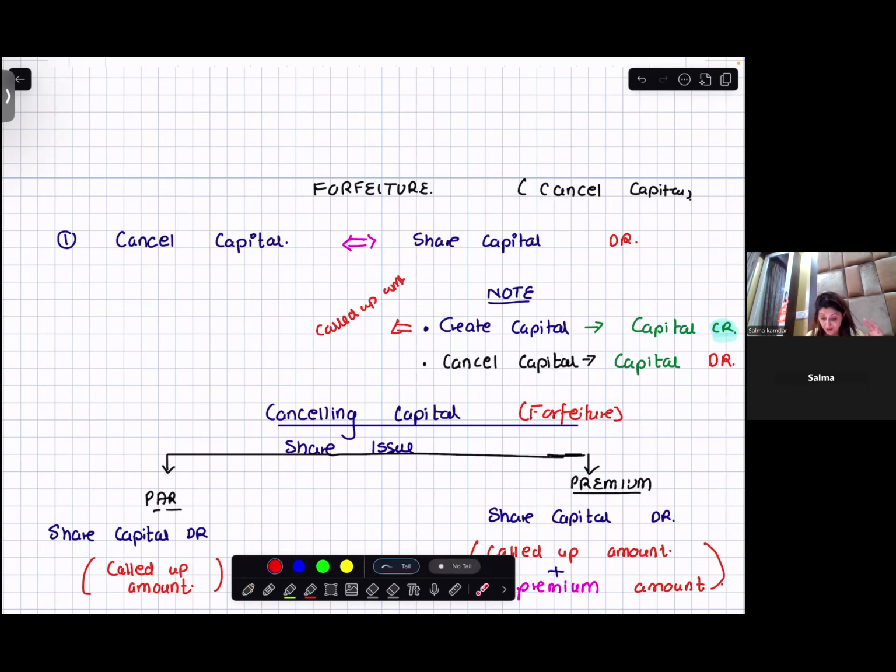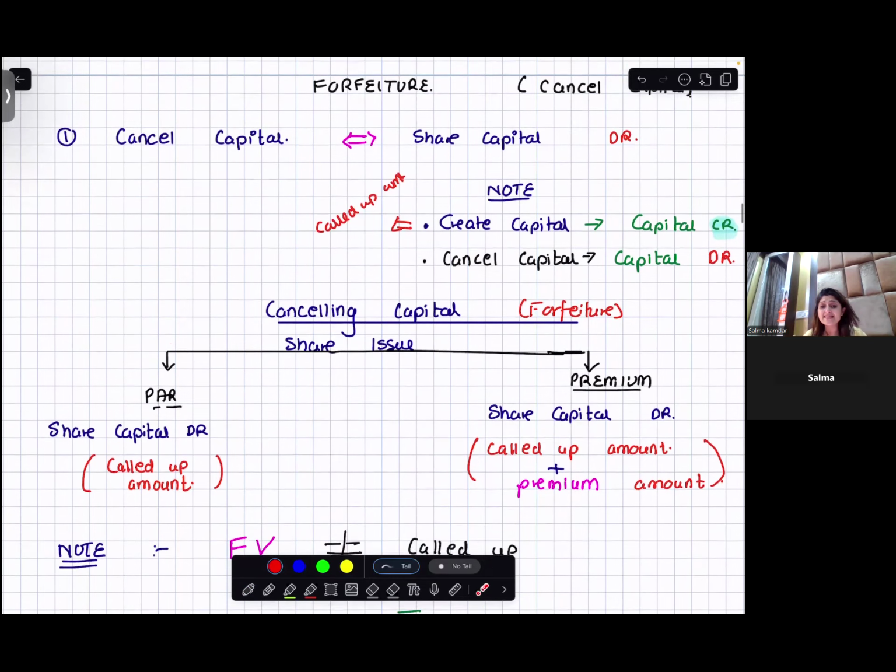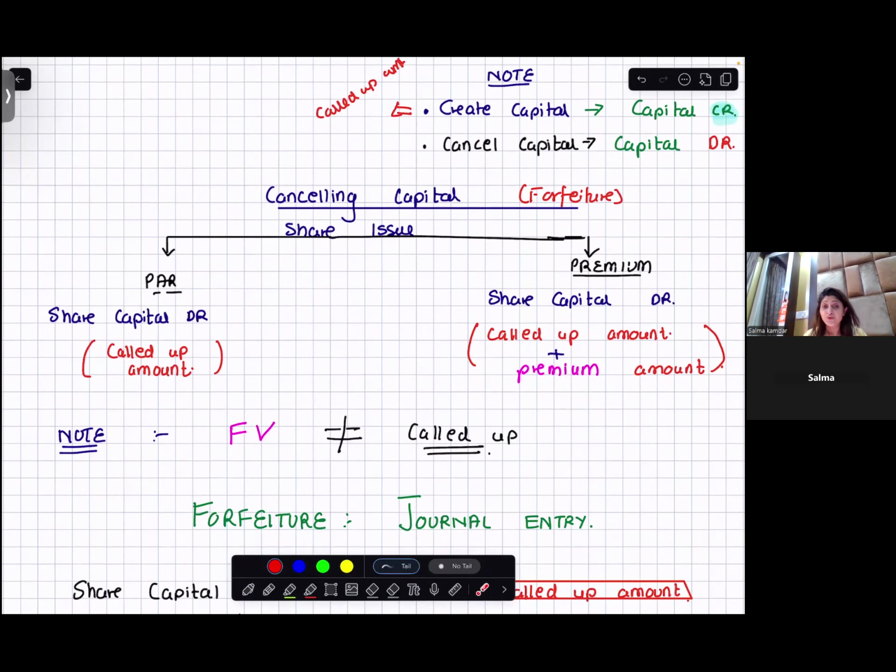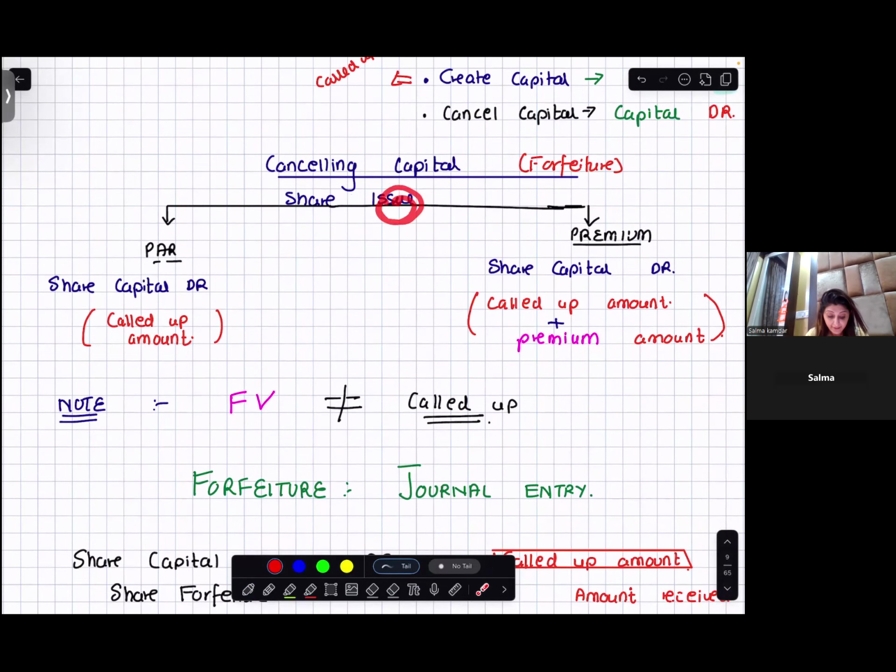So the journal entry to cancel the capital would always be share capital debit, when you're cancelling the shares, forfeiting the shares. If your shares were issued at par and you are cancelling the capital, your share capital will be debited by the called up amount.